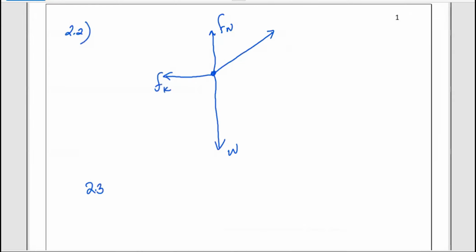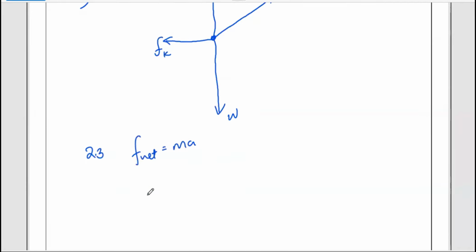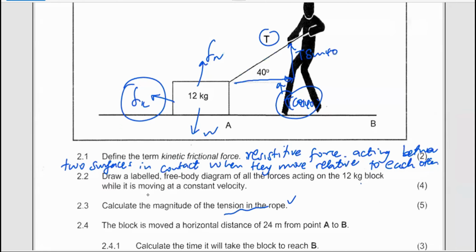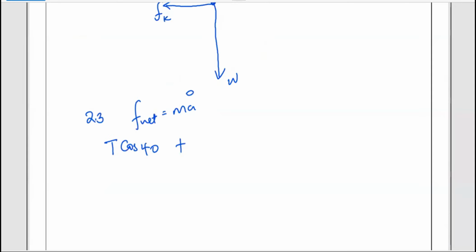So F net is equal to ma, but we have a 0 this side since it's moving at a constant velocity. So T cos of 40 plus a negative Fk should give us a 0.